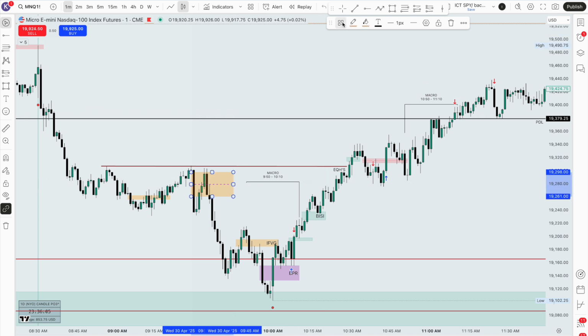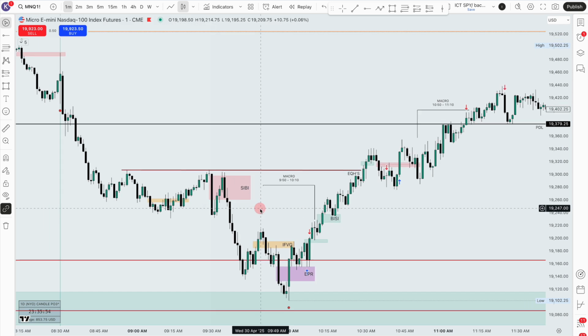Actually, I don't know why it has been marked as an inversion, but this was the CB. So the market created, without taking any liquidity, actually equal highs, which was definitely marked after this move.